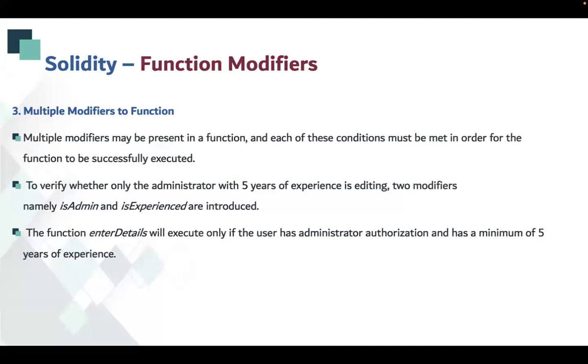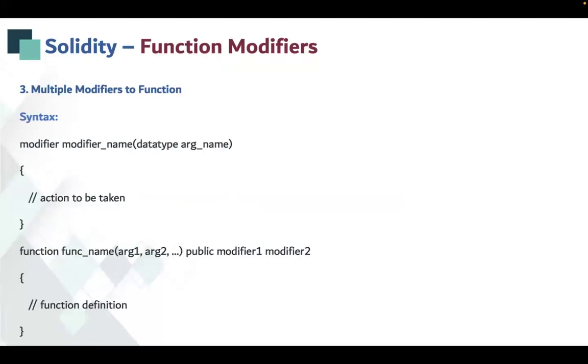So we define two modifiers, isAdmin and isExperienced. isAdmin checks if the caller is the admin, while isExperienced checks for at least 5 years of experience. So this is the syntax of assigning multiple modifiers to a function, which we will discover in the following example.